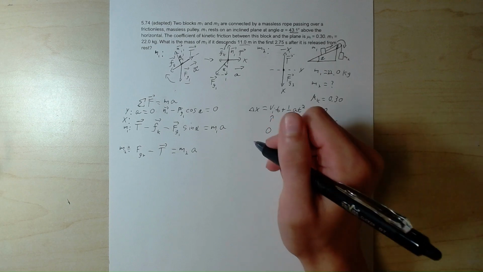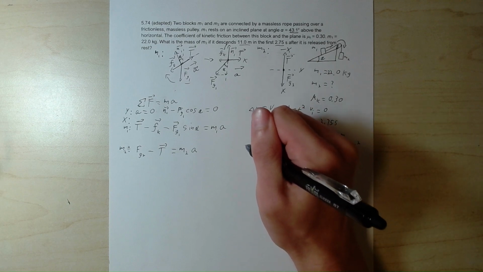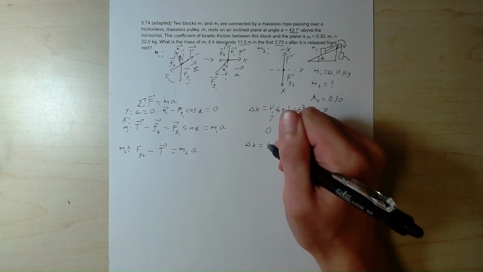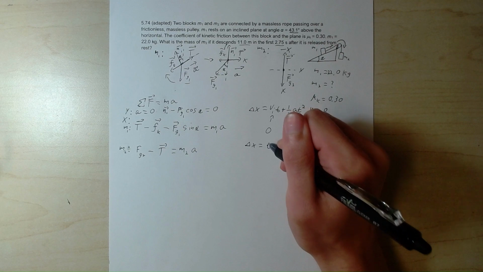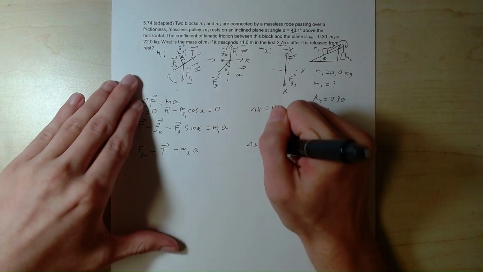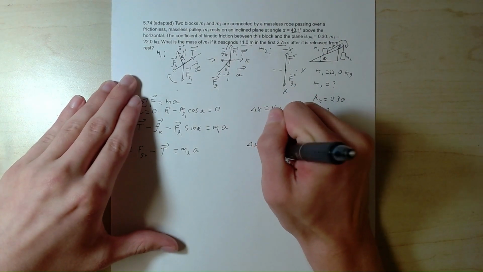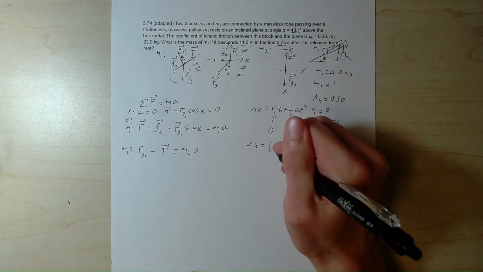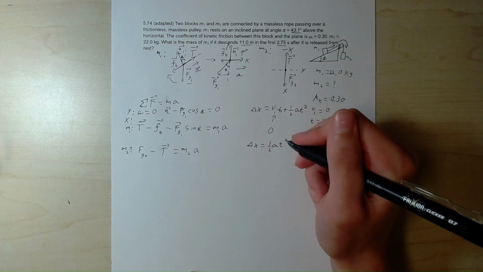So really what we have is delta x equals 1/2 a t squared.